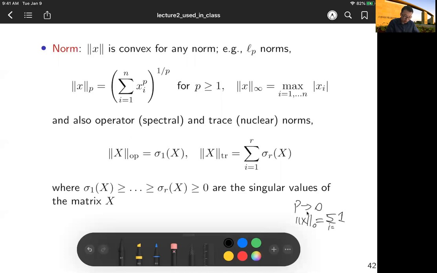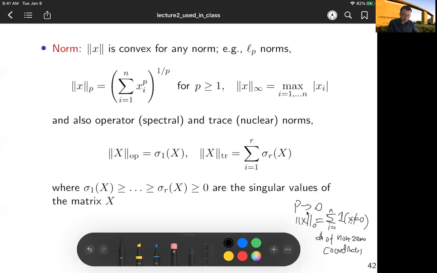So you sum over all coordinates of x, and if x_i is not 0, you add it up. This essentially measures the number of non-zero coordinates.